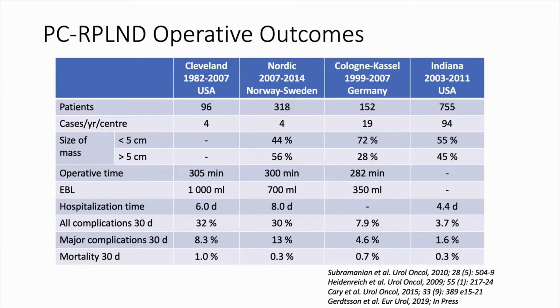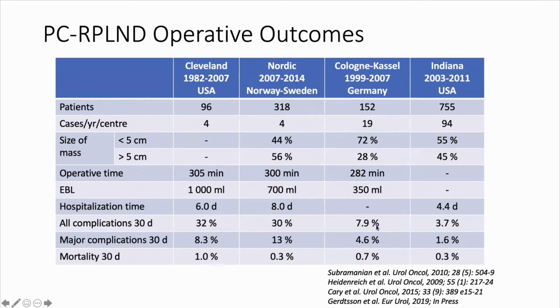All of these cohorts are retrospective, and the Cleveland and Scandinavia cohorts were done in small volume centers, while the German and Indiana centers are what we can say high volume centers.